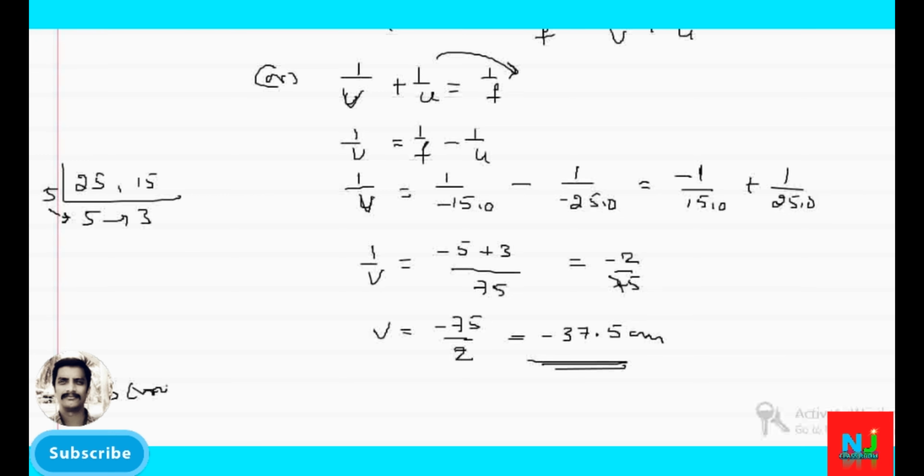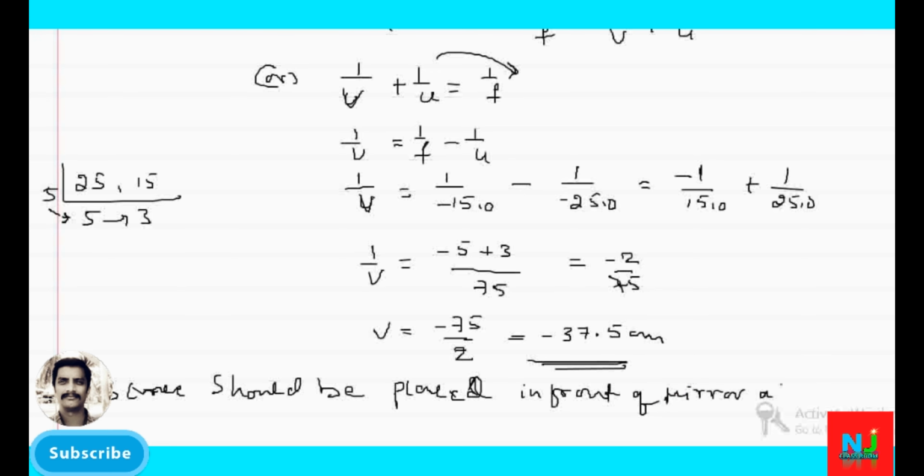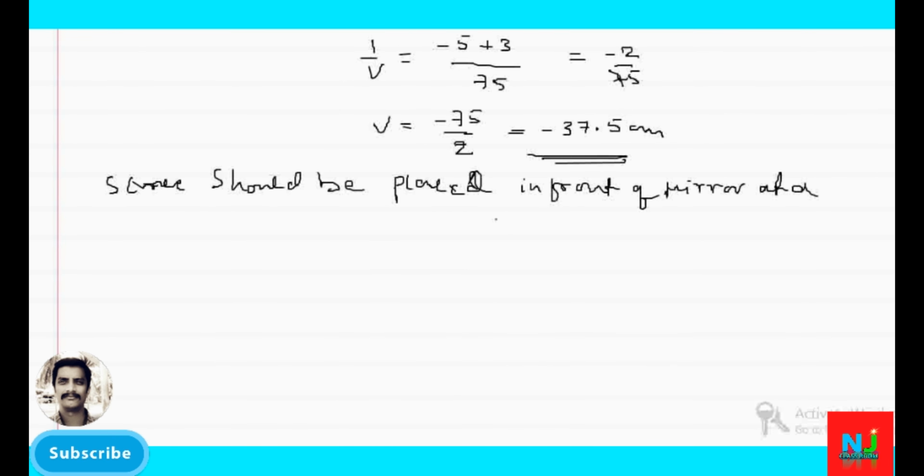We have to write: the screen should be placed in front of the mirror at a distance of 37.5 centimeter. What is the negative sign indicating? It is in front of the mirror, not behind the mirror. So this is the first part of the problem.